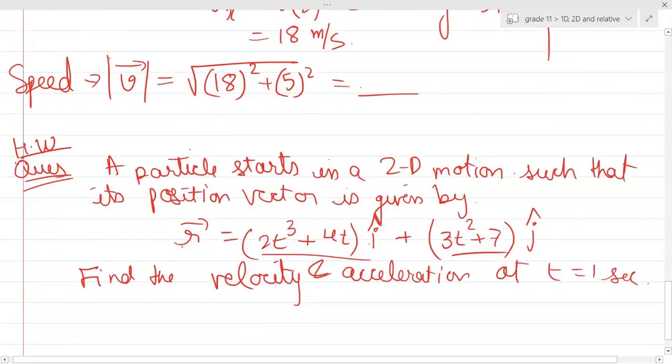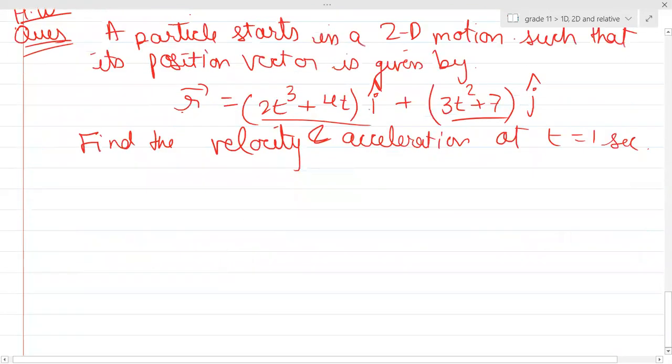Can you see the y coordinate in terms of time? Basically, if you differentiate it once, you'll get the velocity. If you differentiate it twice, you'll get what? Acceleration. Clear. So easy questions, and then you'll put t equals 1 second in the expression. You'll get the velocity vector. Any doubt?